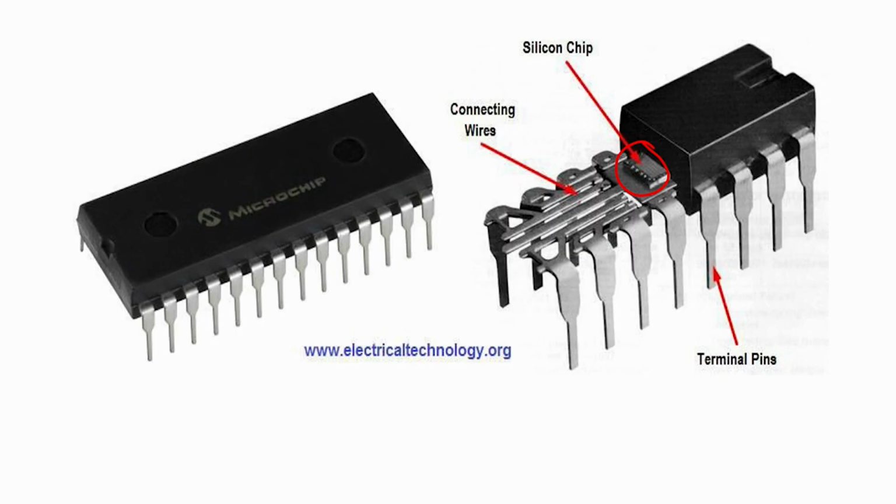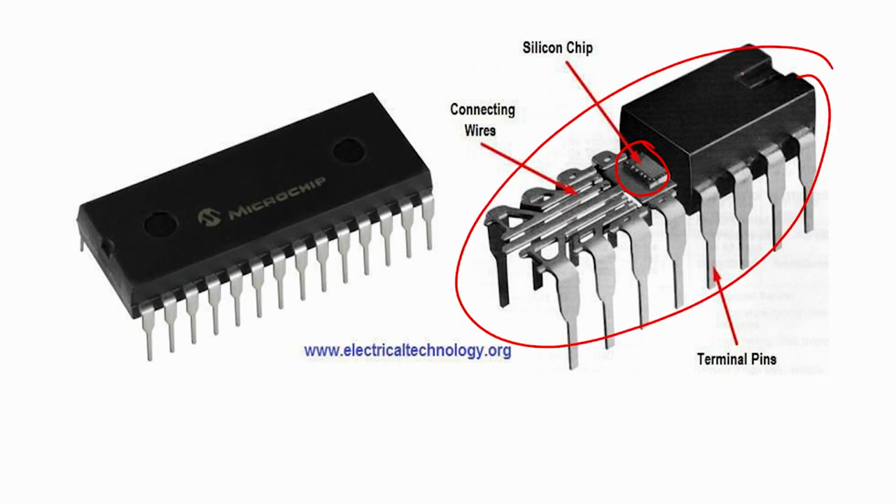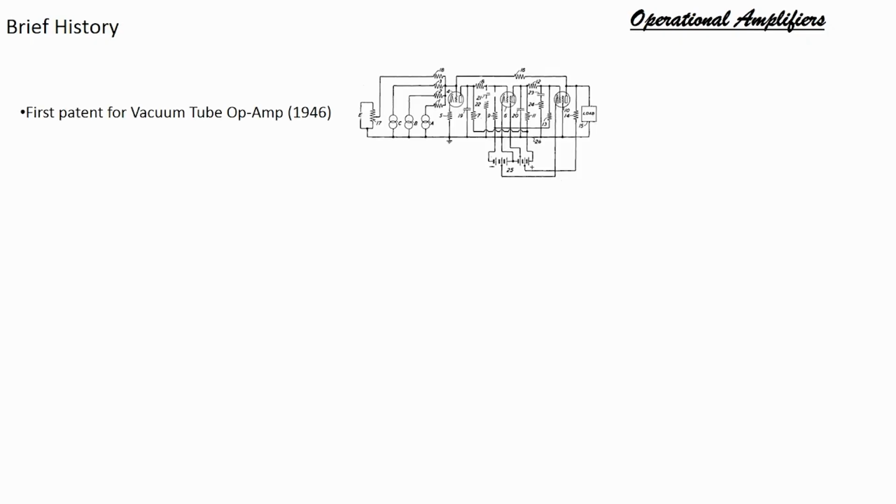when you talk about operational amplifier, you should know a little bit of history of operational amplifier, how it emerged and how it was invented, and what kind of op amps we are using now. Alright. So, we have already discussed this particular point, so we are not going into detail about this, but if you see the brief history of operational amplifiers, the first patent for vacuum tube op amp was in 1946.